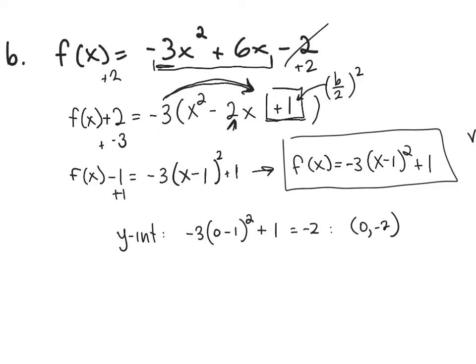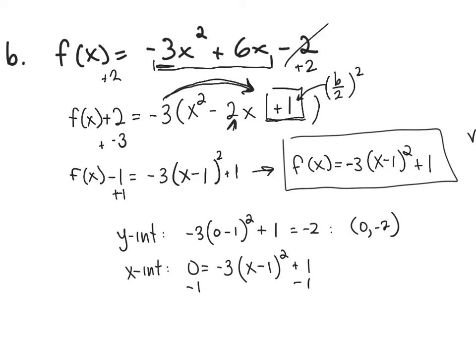Now x-intercept, we let y equal 0, and y is the same as f of x, so we set the function equal to 0. And try to solve this equation.